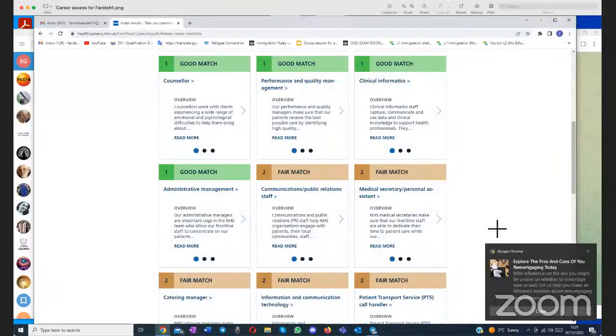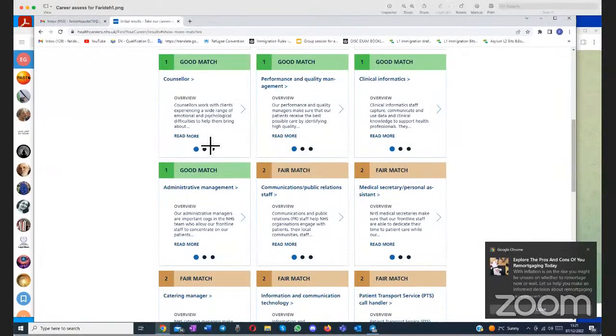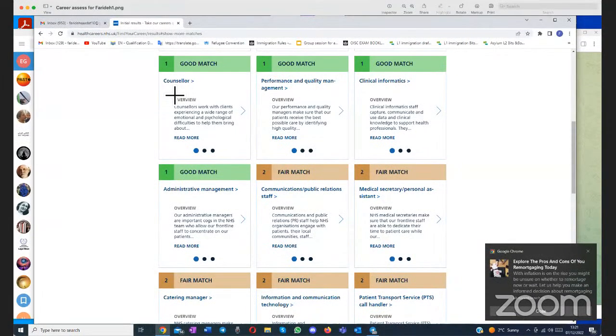So if I just briefly show you the screenshot, this is how, when you do the survey, towards the end, these are the kind of roles which will come up. So depending on the questions that you've answered, it'll suggest some roles, and they are going to be a good match to look at writing about an outline of the career options or job roles that you can take up in health and social care.